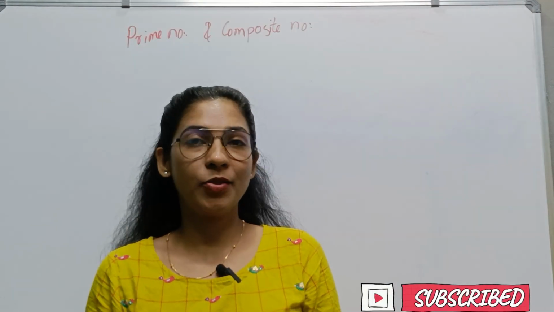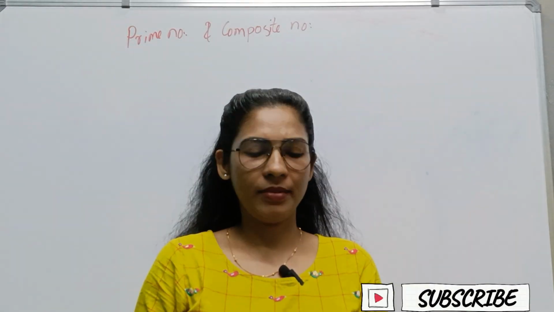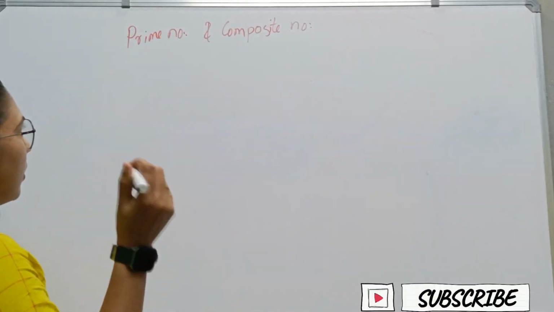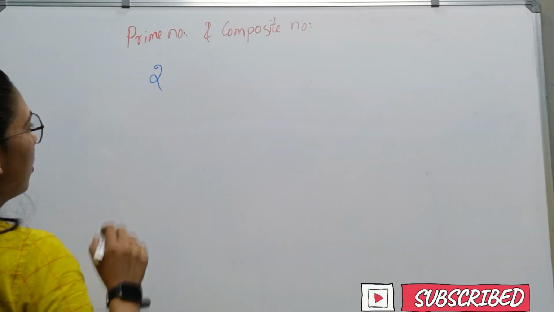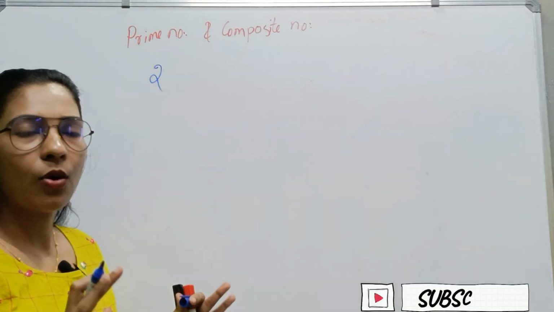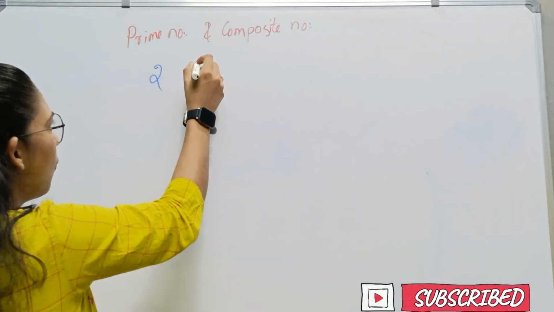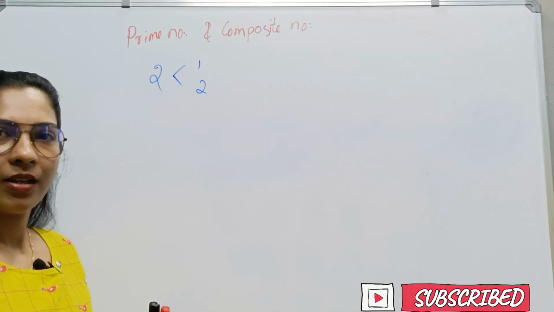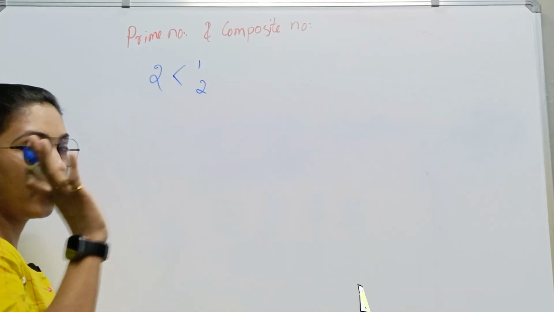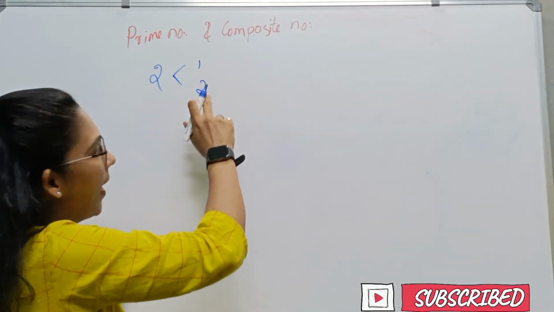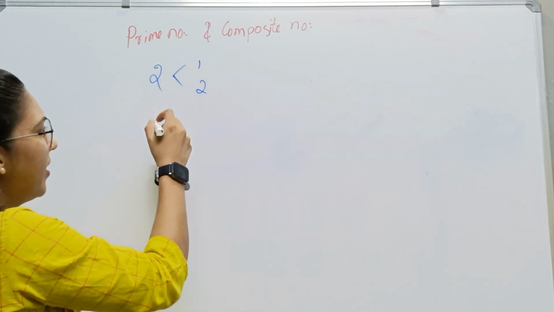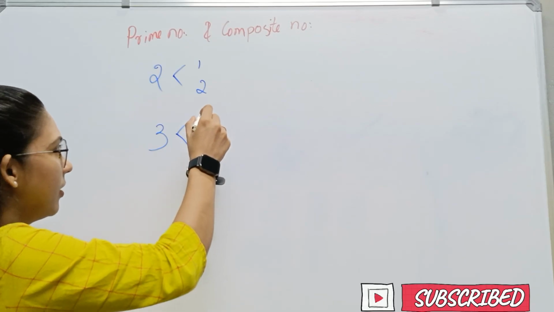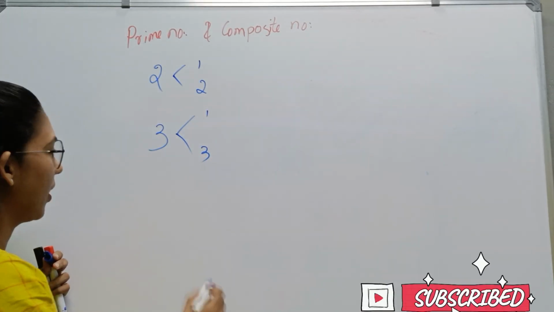Now let's move on to the next topic, prime numbers and composite numbers. We can discuss it by taking some examples. The number 2 has only 2 factors, 1 and 2 itself. The next number is 3, and the factors of 3 are also 1 and 3.